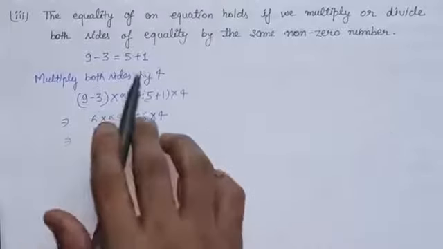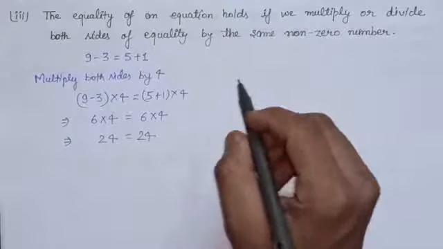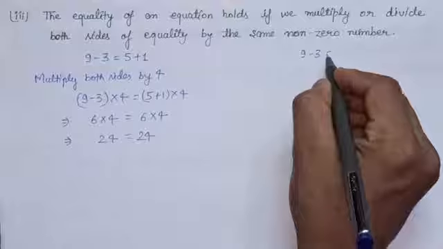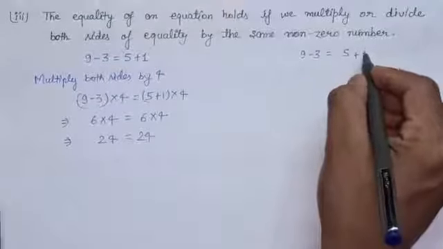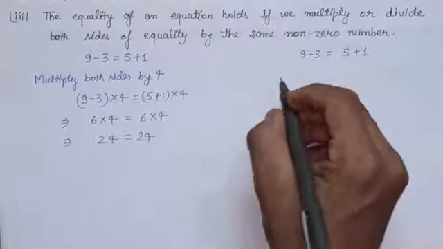Now we divide both sides of the equation by the same number and see whether the equality holds or not. So we have the equation 9 minus 3 equals 5 plus 1. Let us divide both sides of this equation by 2.